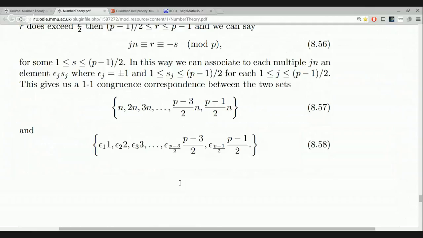Then we would be representing it as: so we're plus 5, but the 10 was in the second half, so that would have to be represented as minus 3. So the epsilon 2 was minus 1.